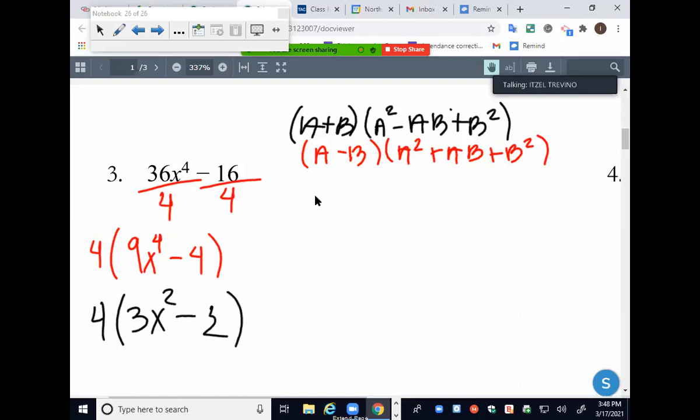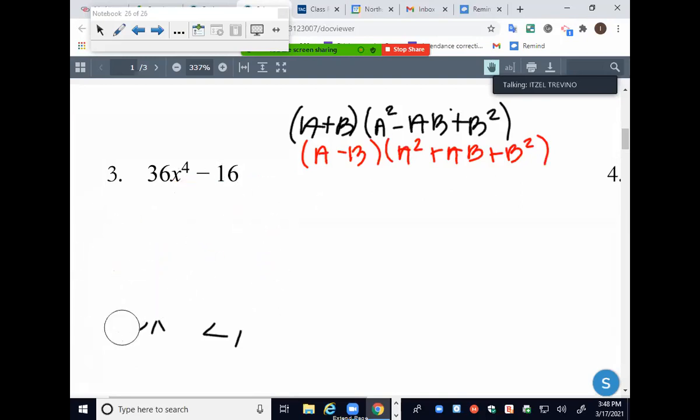So we can write it like that. It means the same thing. I know it looks like the differences of cubes, but it's not. Let's not get confused.